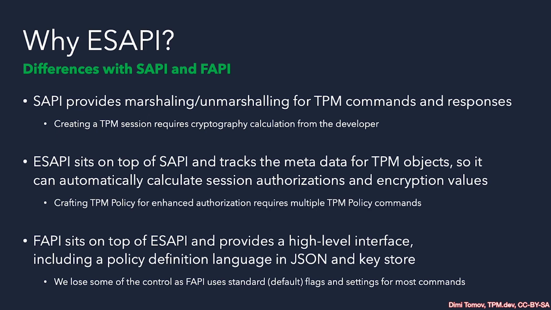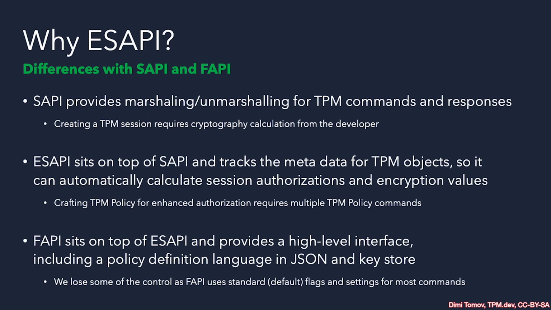Now, SAPI handles the most tedious tasks for us. It is the marshalling and unmarshalling of the TPM commands, which is great. At the same time, if you want to do a real TPM application, this means more work, more APIs, including when we have to create a TPM session to protect from machine-in-the-middle attacks.